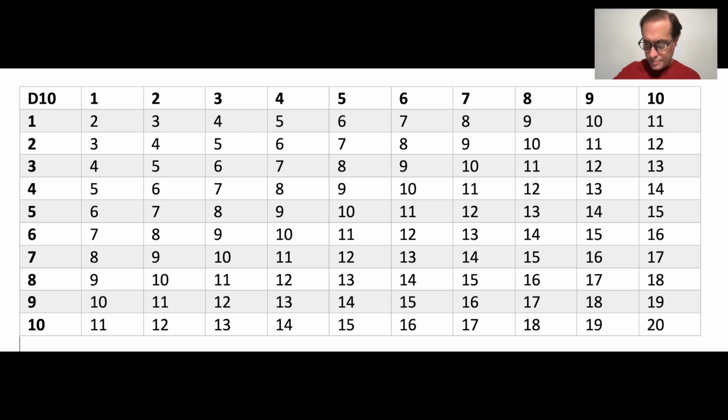So there's only one way to get a 2, which is 1 and 1. There's only one way to get a 20, 10 and 10. So each of these only has a 1% chance of occurring because both dice need to be rolled with the exact same results. And 10% times 10% is 1%.